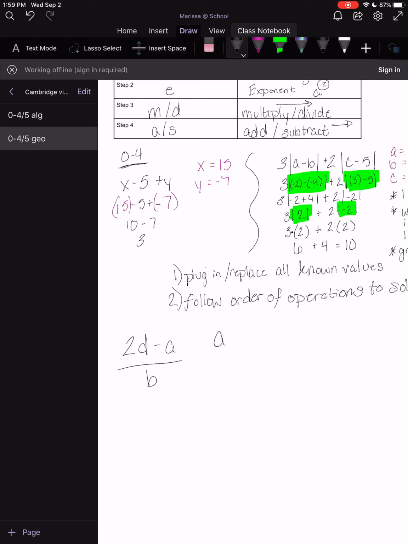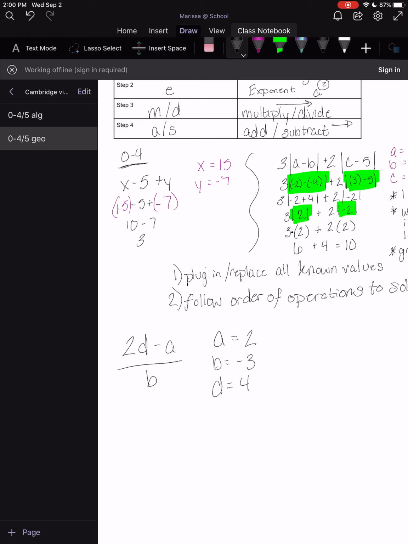A is equal to 2, b is equal to -3, and d is equal to 4. So go ahead and solve this one.